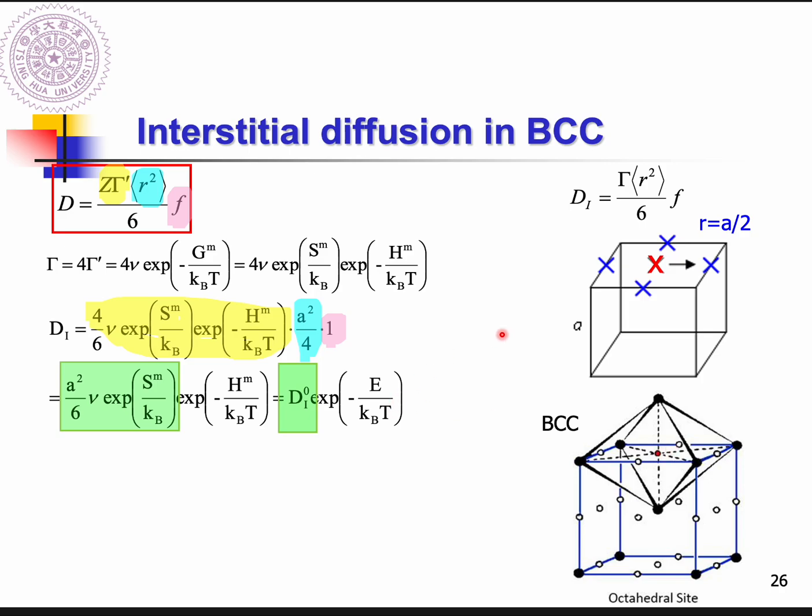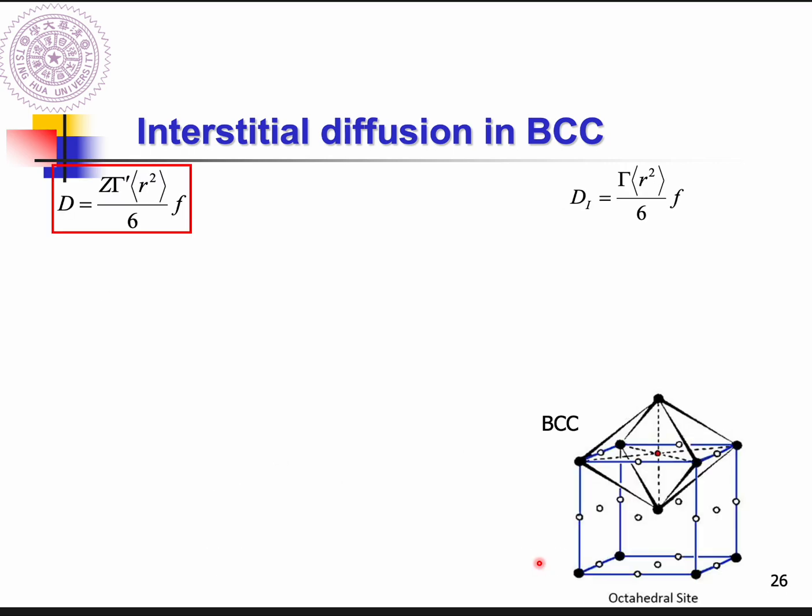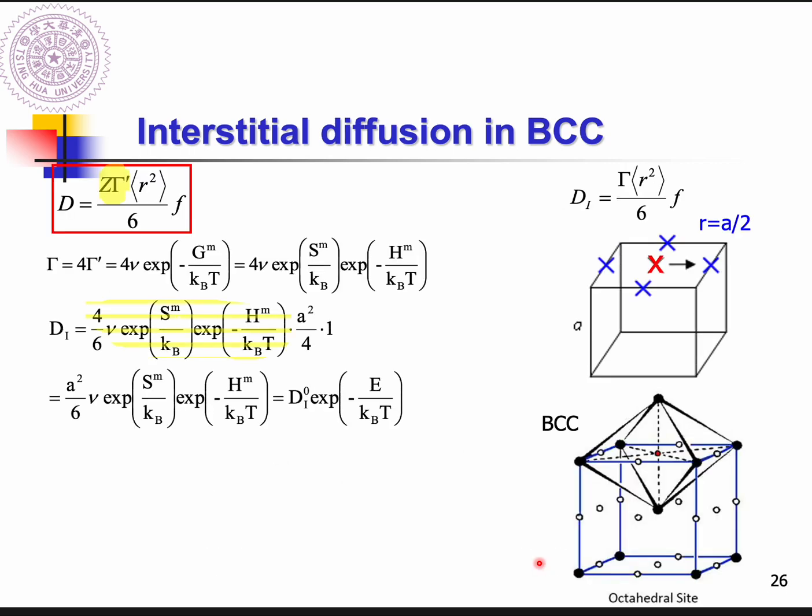And the other thing is, some people will probably ask: Professor, as you mentioned in the previous slide, there are 2 different types of interstitial site. How can we control the diffusion of these interstitials so they only jump through the octahedral interstitial site?